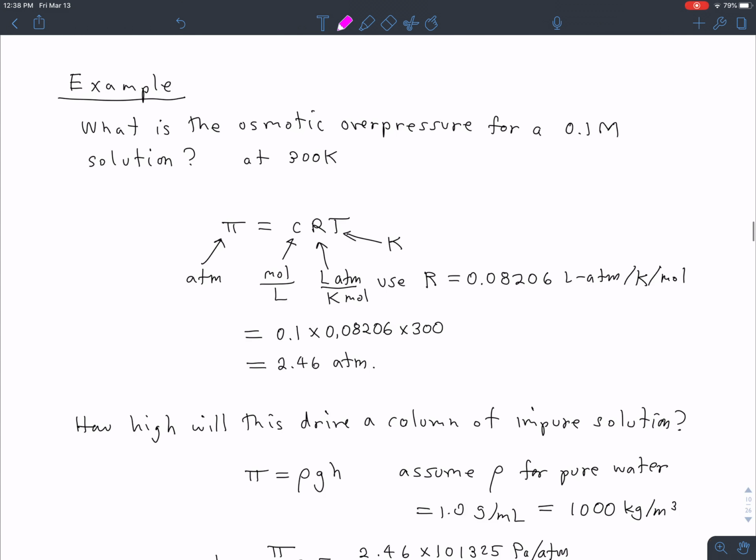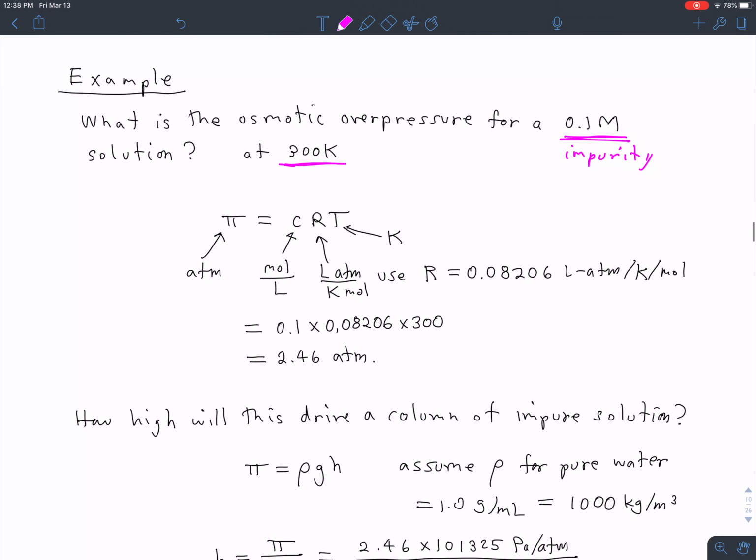Here's an example. Let's suppose I have a 0.1 molar solution of impurity. And I don't say what the impurity is because it doesn't matter what the impurity is. I do need to know the temperature, so let's say we're at 300 K. Then the only complication is that I've got to make sure the units work.